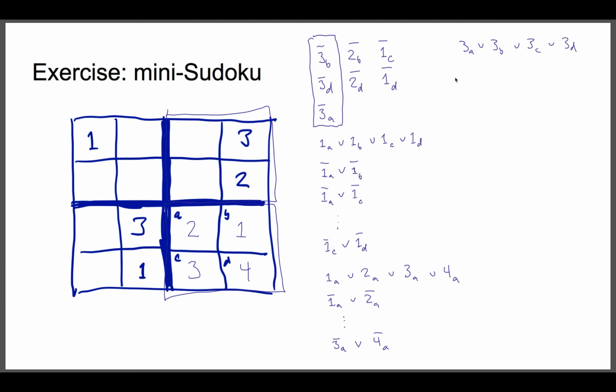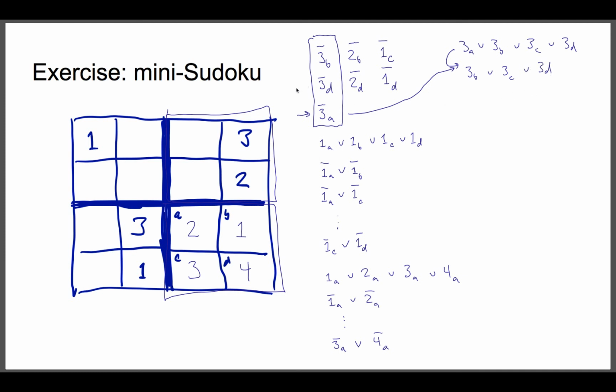And for example, if we take this guy here, not 3A and 3A, so we have 2 clauses now, one with 3A positive and one with 3A negative, and we can use resolution to conclude from those 2 that we have 3B or 3C or 3D.